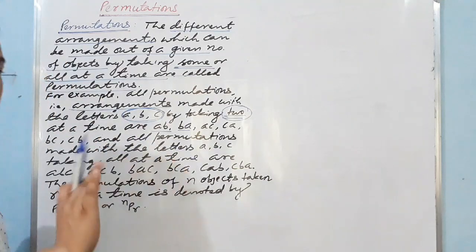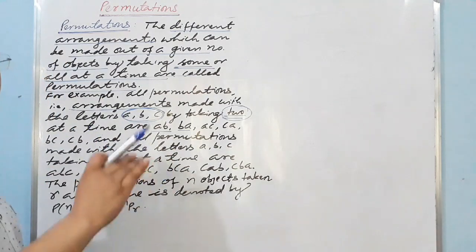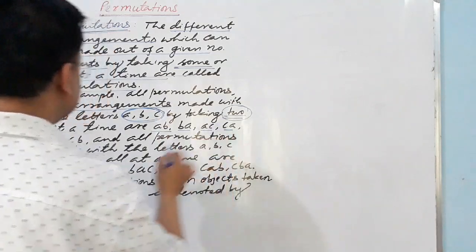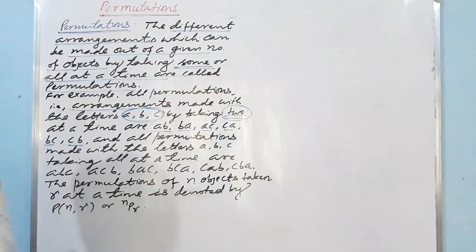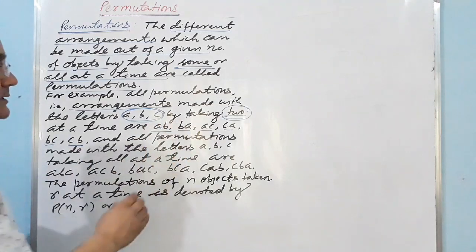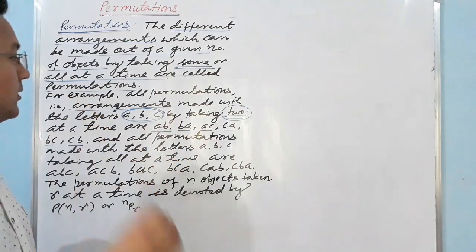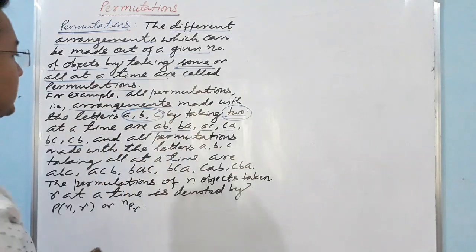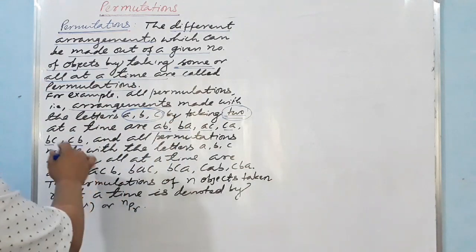Here AB and BA are not the same. AB, BA is a different arrangement. AB, BA, AC, CA, BC and CB. These are all called permutations of 3 objects taken 2 at a time, right?